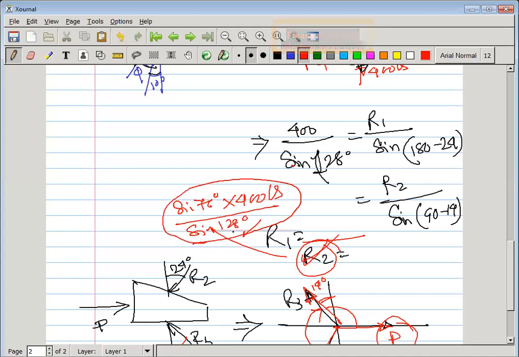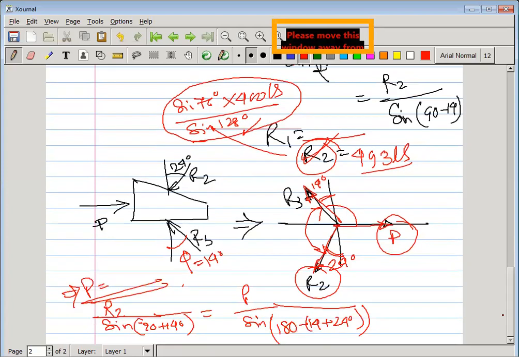This is R2. What is the value? 492.5, sir. 492.5 or 493 you can take. 493. And if it is 493, put that value here for R2.